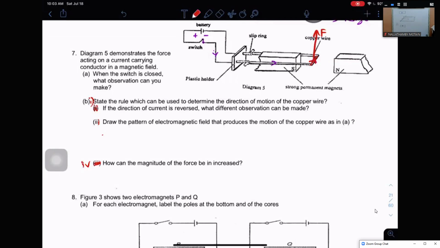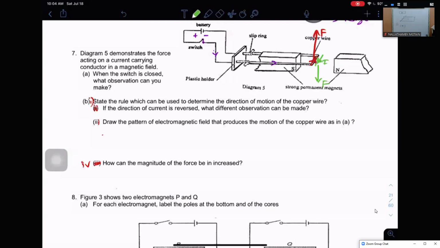So next, if the direction of the current is reversed, what different observation can be made? So if the direction of current is reversed, what happens? Current is now downward. So the conductor will move downward.